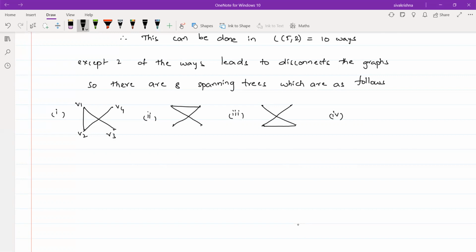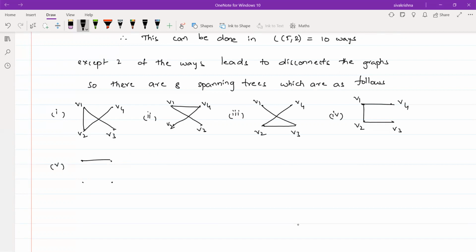Coming to the fourth one, this is v1, v2, v3 and v4. So this is the fourth spanning tree. Here also we have to represent v1, v2, v3 and v4. Coming to the fifth one, 1, 2, 3 and 4.